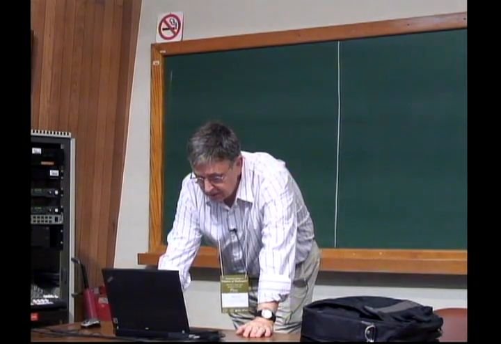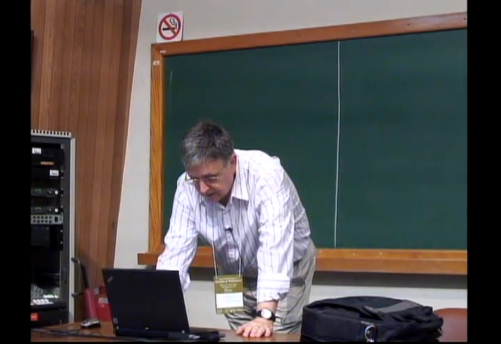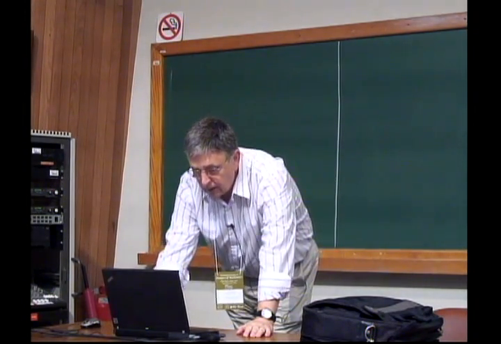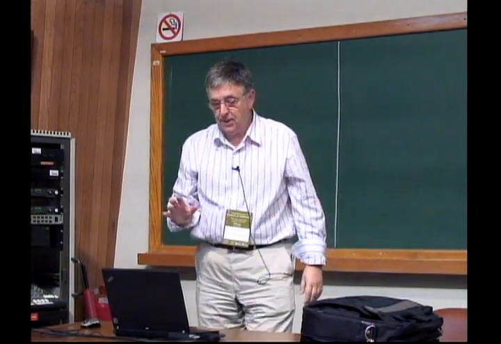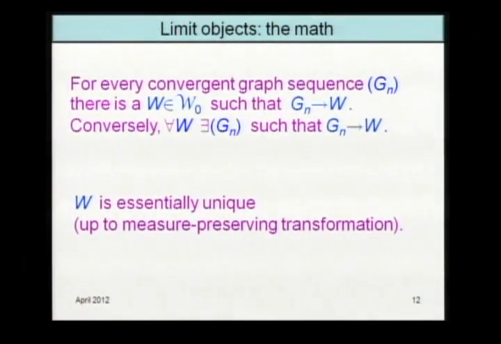So there is some compactness here in the background. Here are two of the theorems that are important here. So first of all, for every convergent sequence, the limit can be represented by a two-variable symmetric measurable function W, by a graphon W.